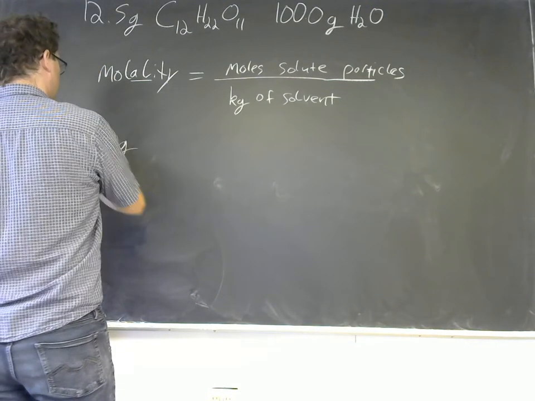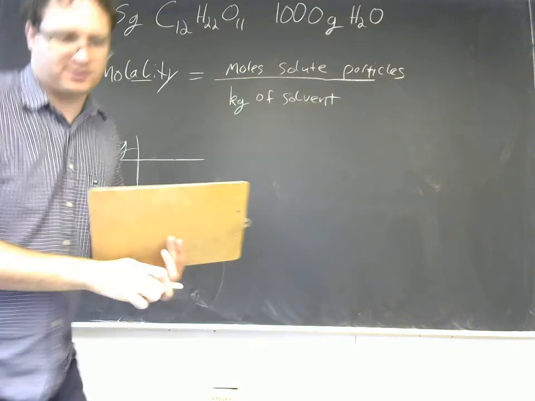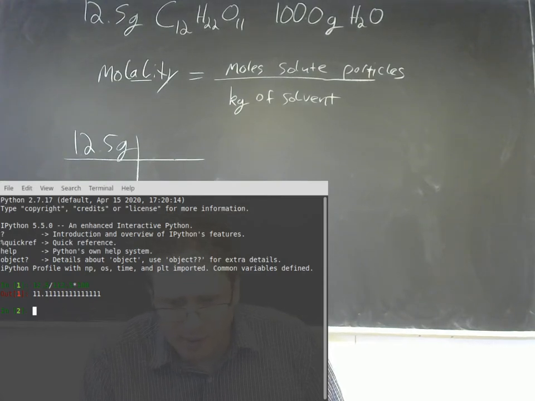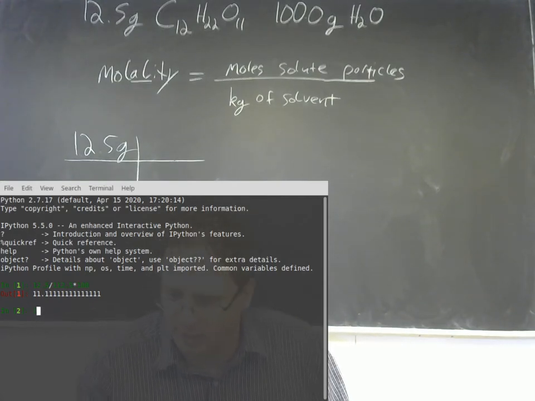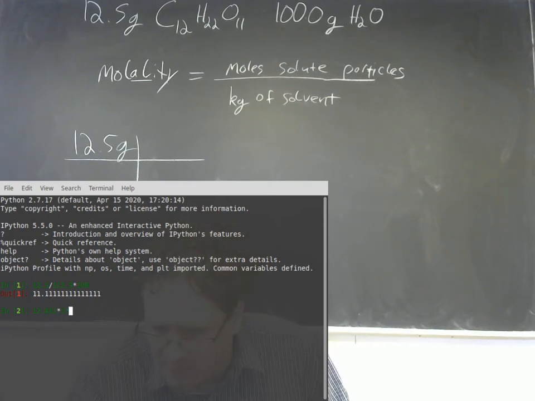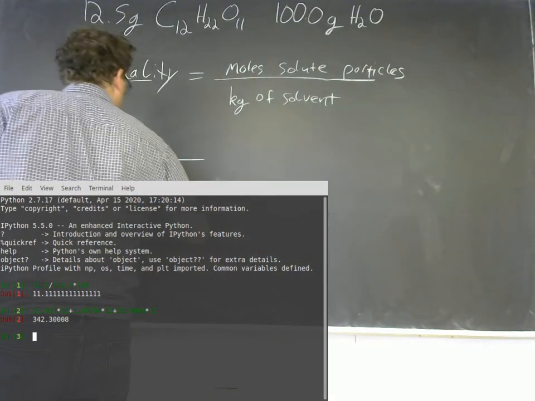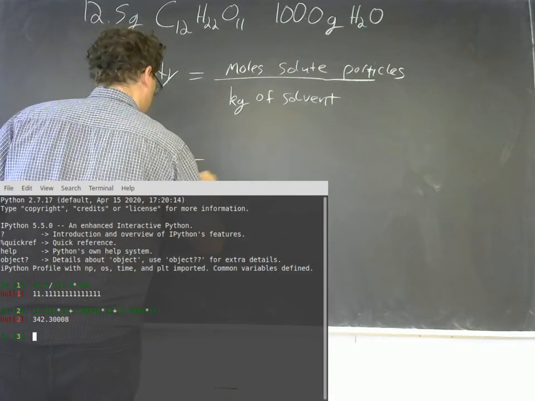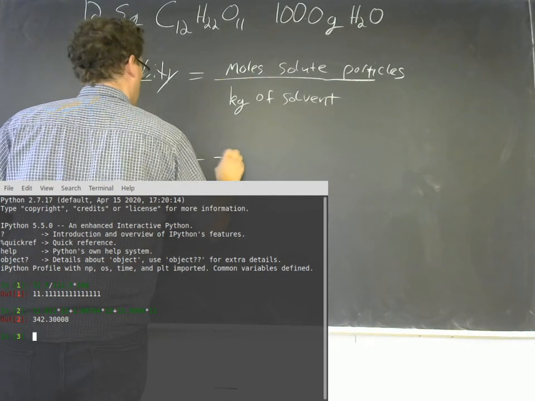12.5 grams. I can't remember off the top of my head what the molar mass is, so we'll calculate it. 12.011 times 12 plus 1.00794 times 22 plus 15.9994 times 11. 342.3 grams is 1 mole.